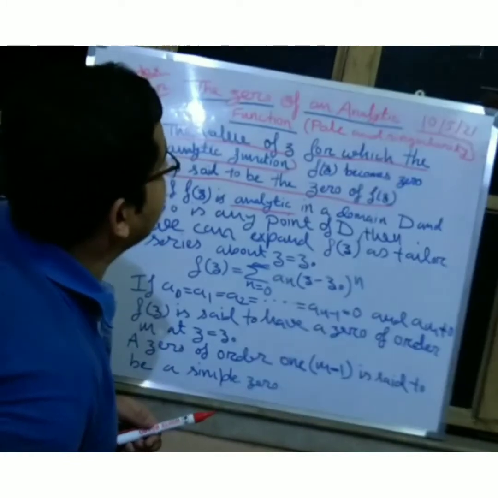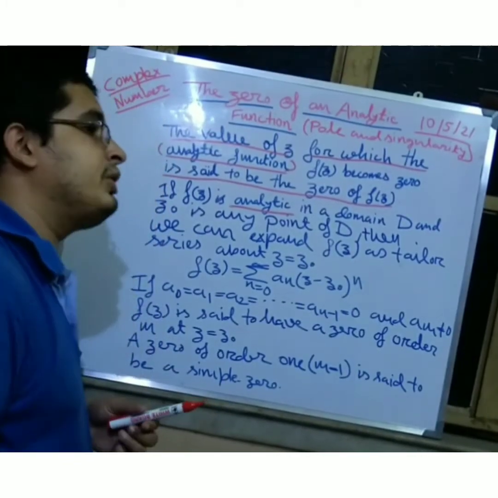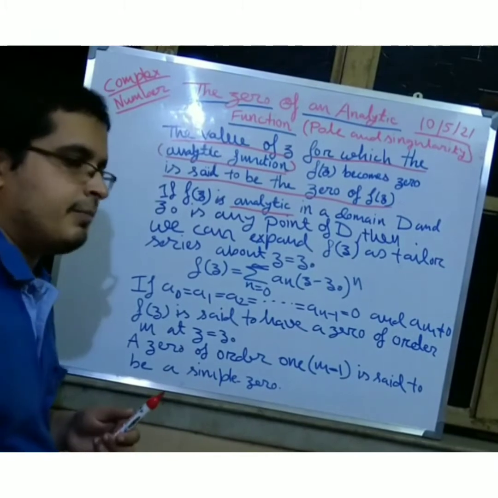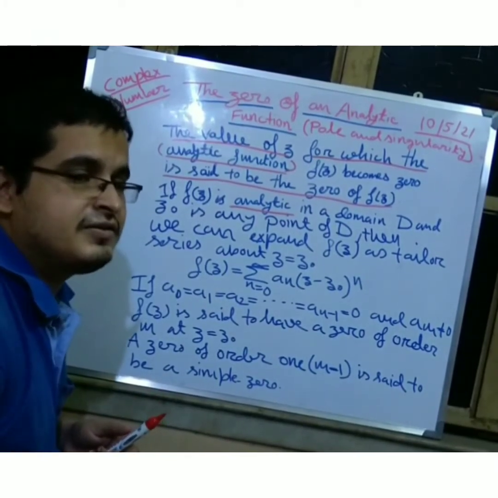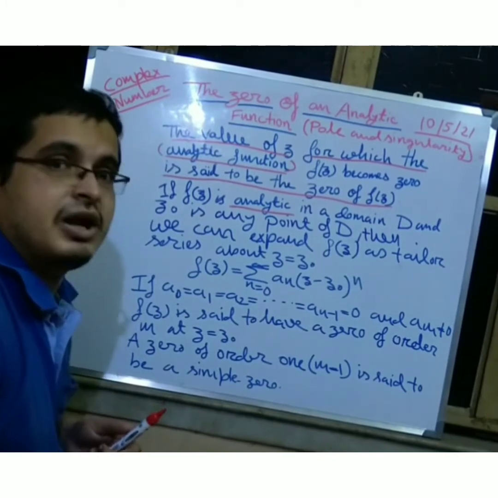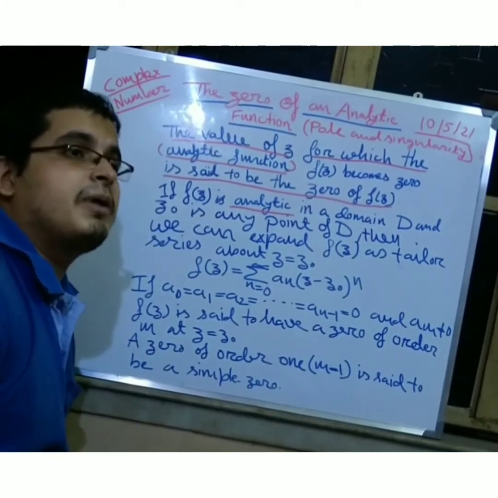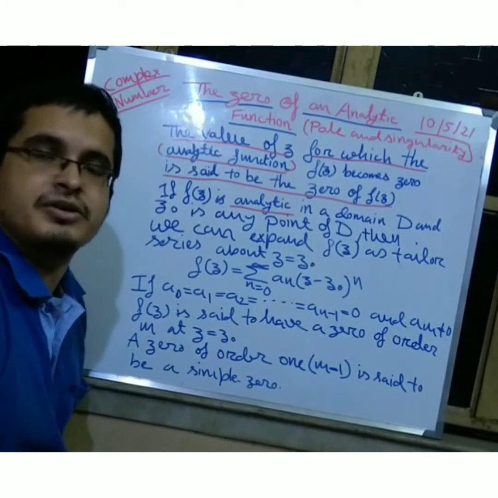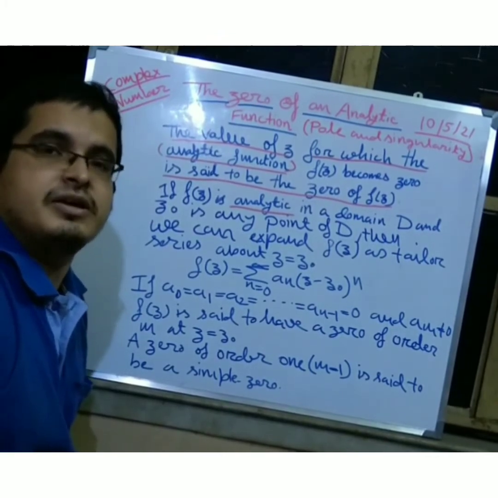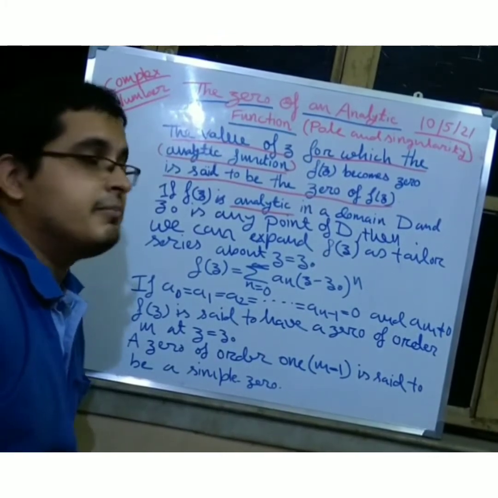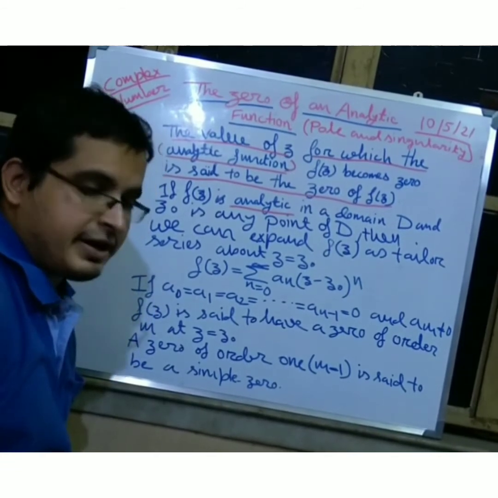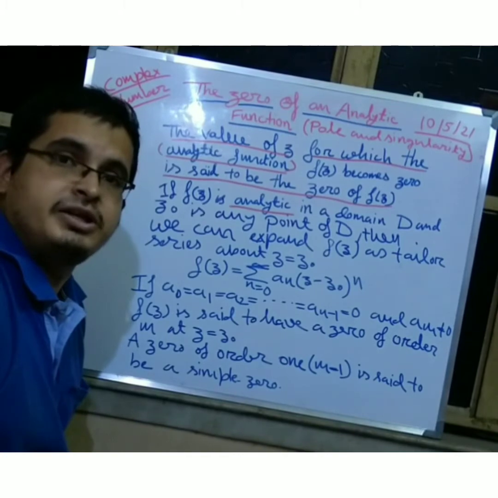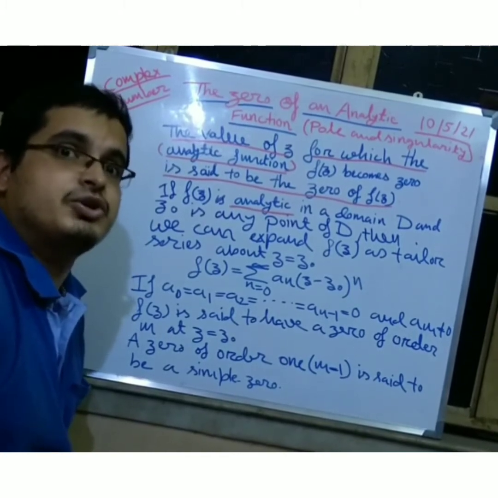What are analytic functions, friends? I have told you in my previous video lectures on complex analysis that analytic functions are differentiable functions. Another factor is that an analytic function also satisfies the Cauchy-Riemann equations.